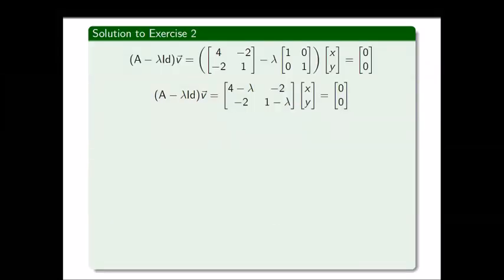So we set up the equation. A minus lambda times identity is going to be the matrix A minus lambda times identity, of course, and the vector v can just be replaced by the vector of variables x and y, and we set it equal to the 0 vector. Now this A minus lambda I can be written as a single matrix with entries 4 minus lambda, minus 2, minus 2, and 1 minus lambda.